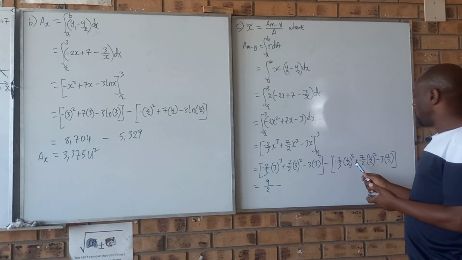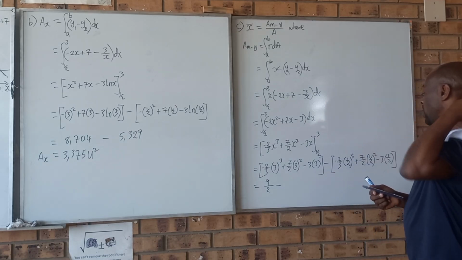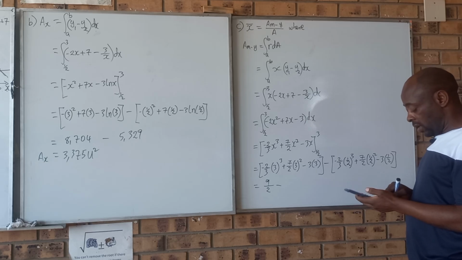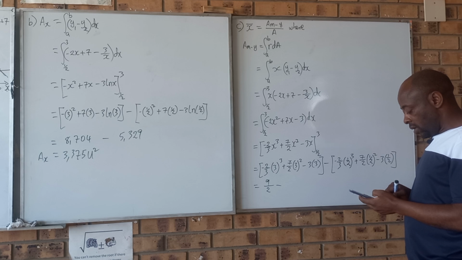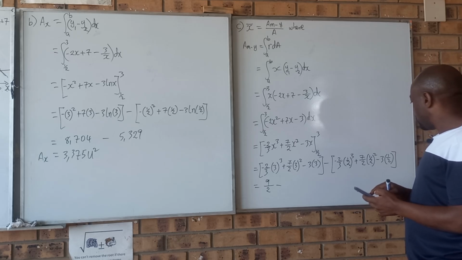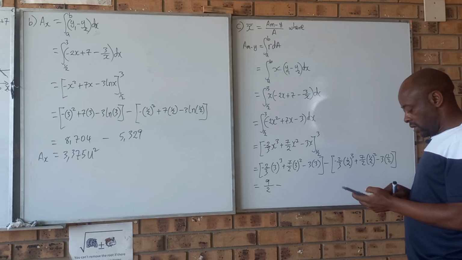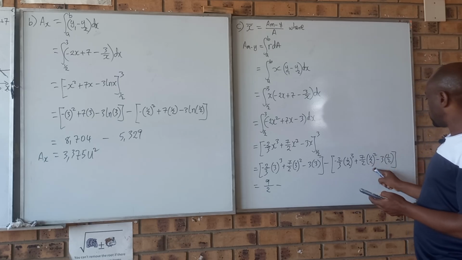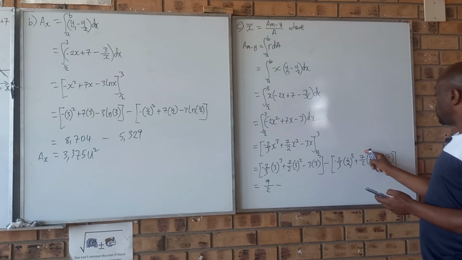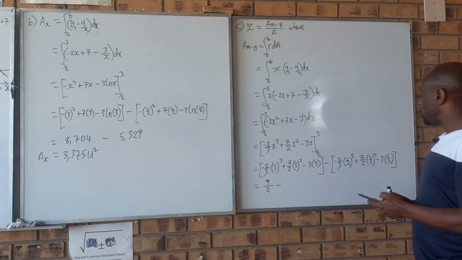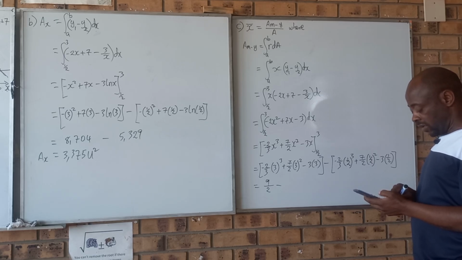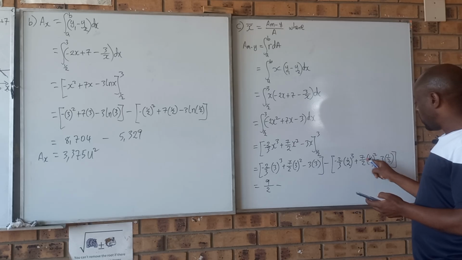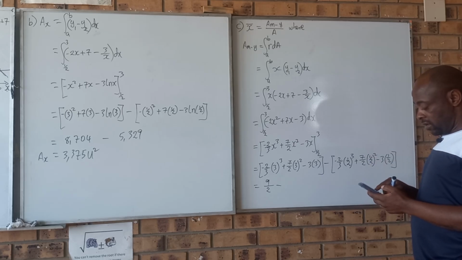I'll go to the next. A half cubed is 1 over 8. So I'm taking negative 2 on 3 multiplied by 1 on 8. Then plus, and this one, a half squared is 1 over 4, times 7 over 2. That gives me 7 on 8.